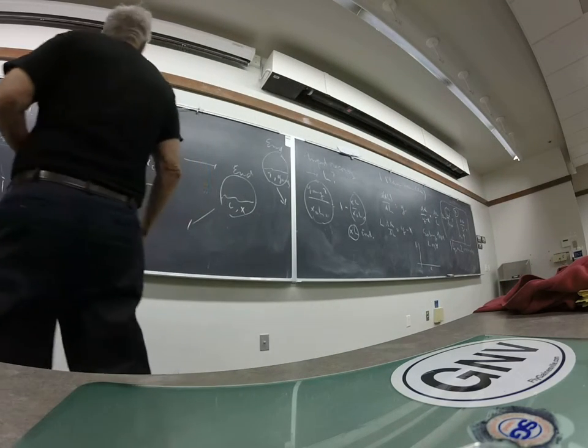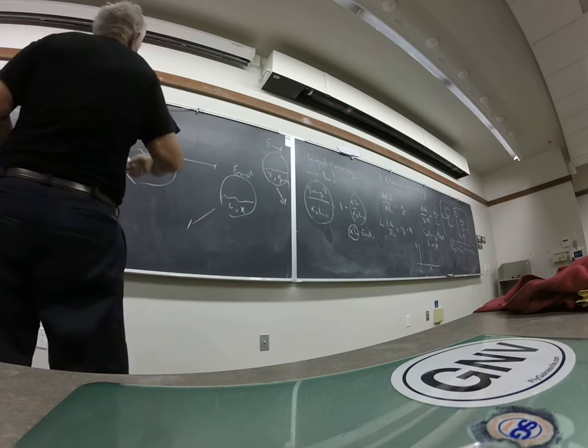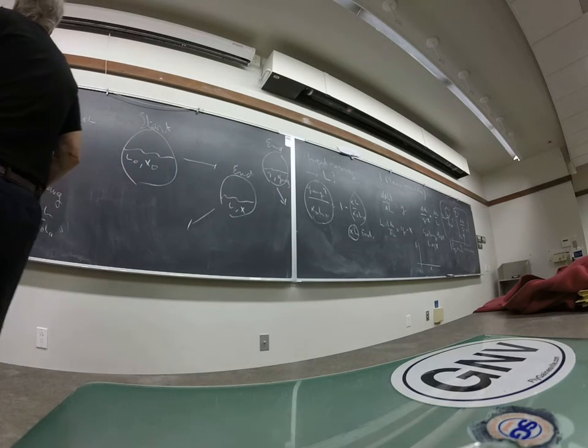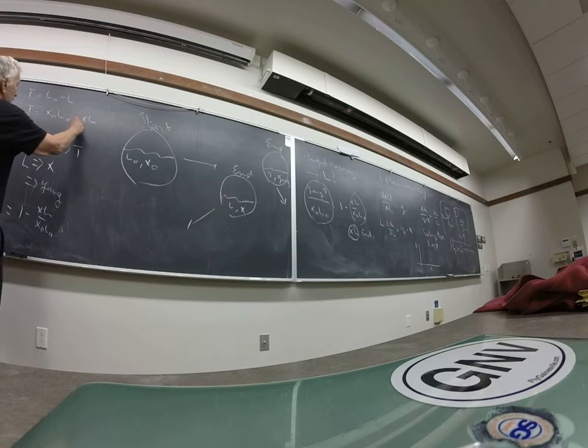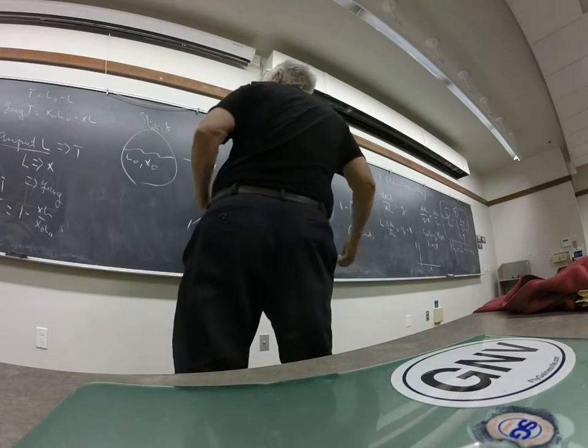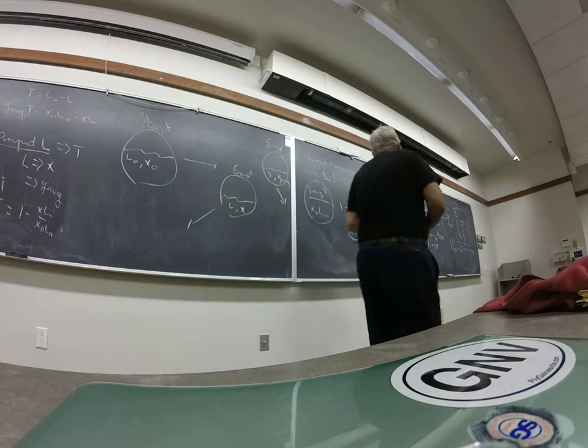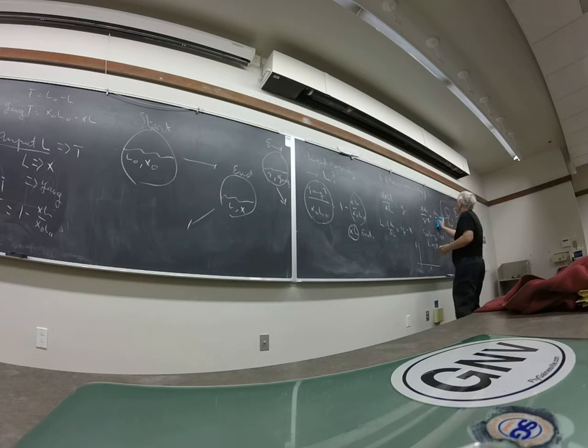Because, okay, I did this for given L, that was easy. If I give you X at the end of the run, then I go over here and get L. Okay, let's list our cases. There's a lot of cases.